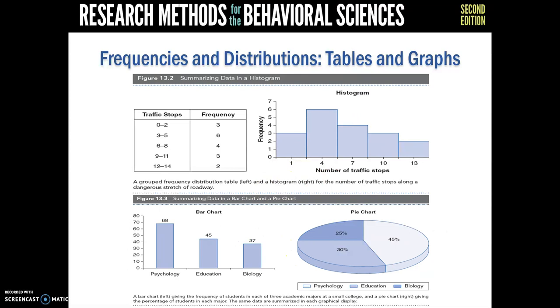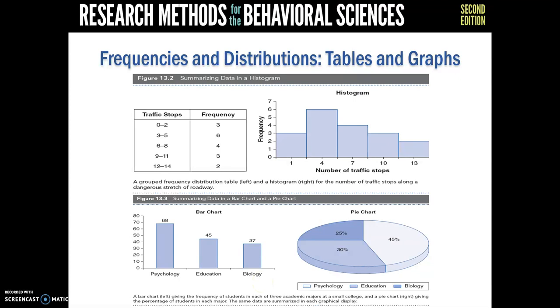And there's a pie chart as well, to see the total people and what percentage of people are in each group. For example, this one would be each major: how many people are in each major.